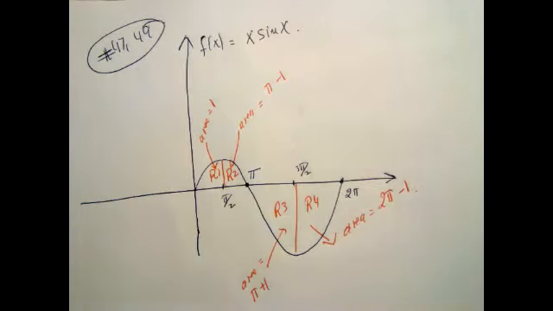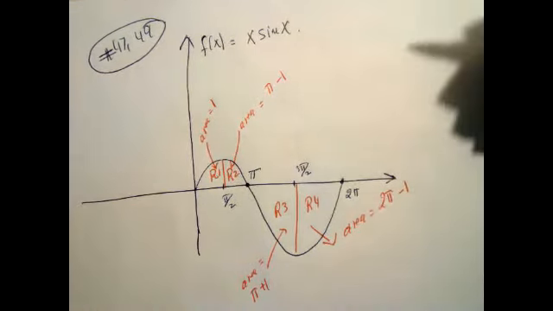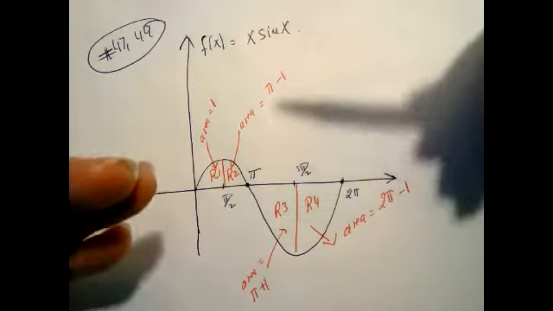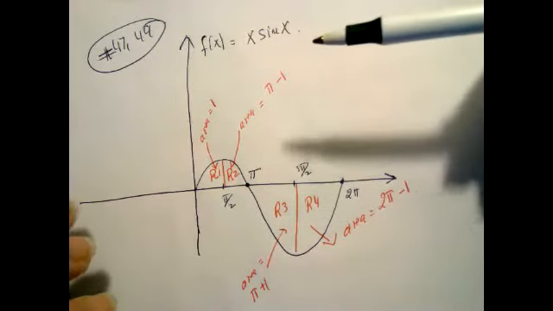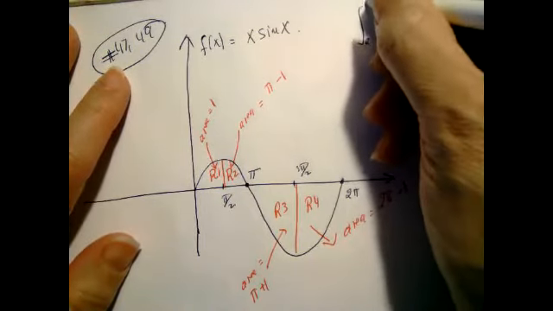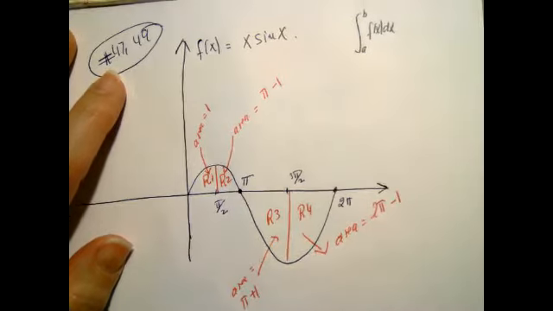And they want us to evaluate the definite integral. And definitely they want us to evaluate it using the geometric interpretation of the definite integral. Let me remind you that the definite integral, if a function is positive, is the area.